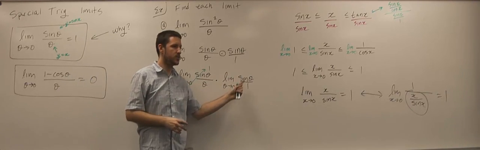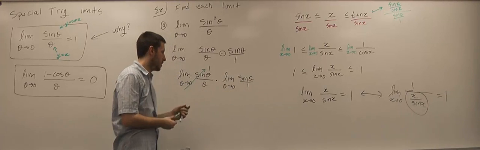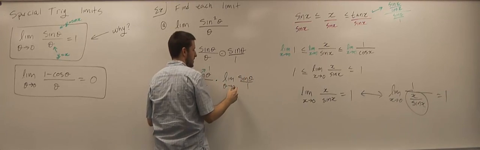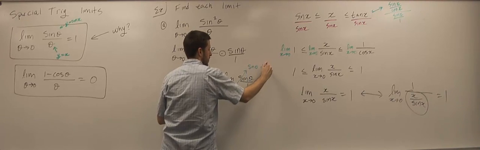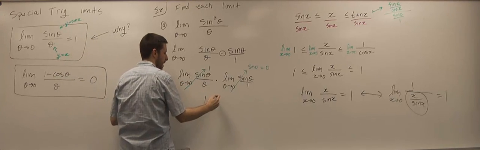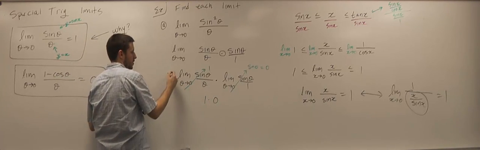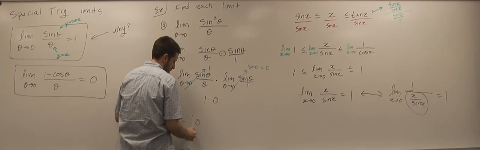This guy I know by direct substitution is 0, because if you plug 0 in here, it'll be sine of 0. Sine of 0 is 0. So altogether, my limit equals 1 times 0. Well, okay, that's 0.